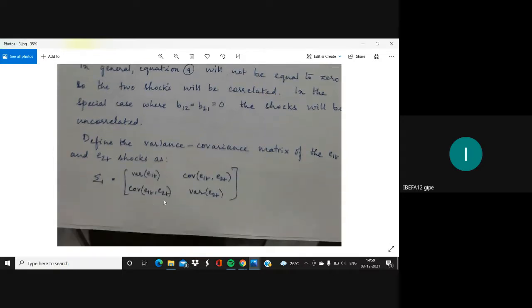Okay. Now we can also define what is known as the variance covariance matrix of E1t and E2t shocks. Okay. So it is denoted by this term sigma here. So the elements of sigma are the variance of E1t and E2t along the diagonal, okay, and the off diagonal elements will be your covariance terms. Okay.